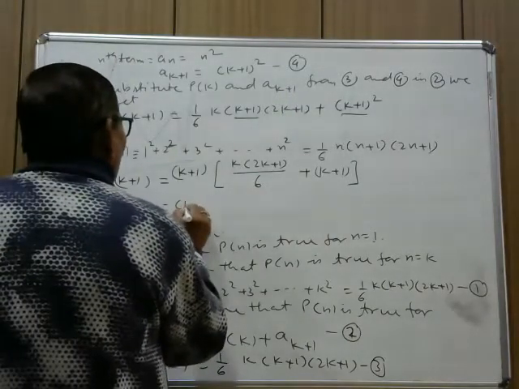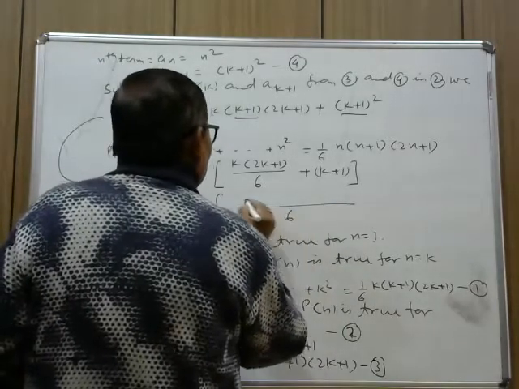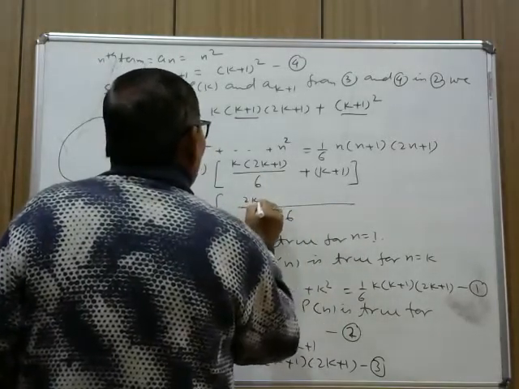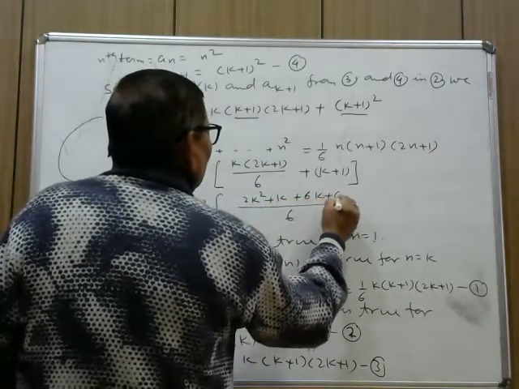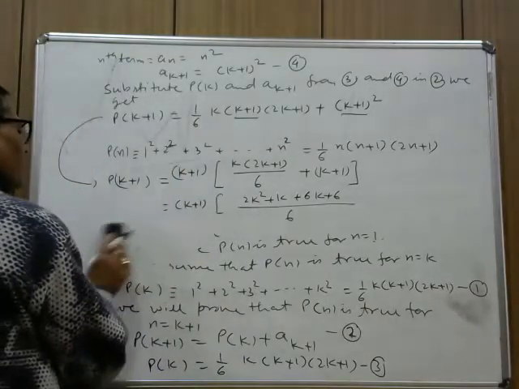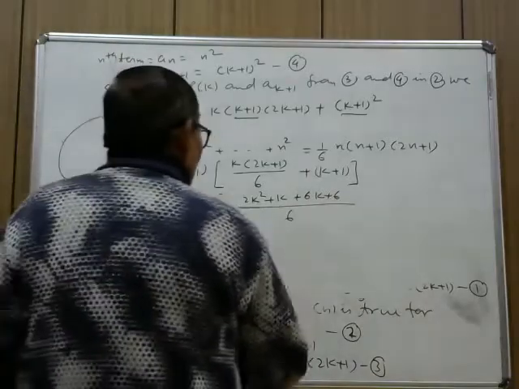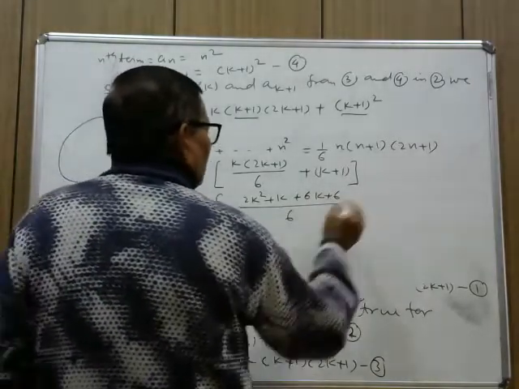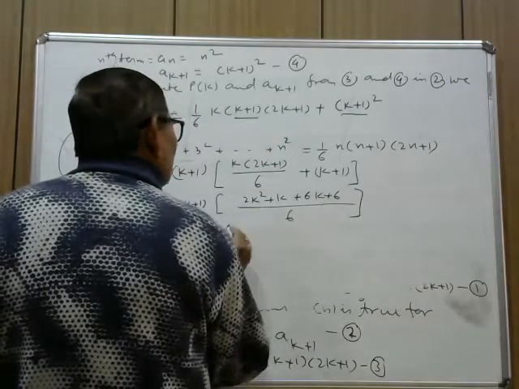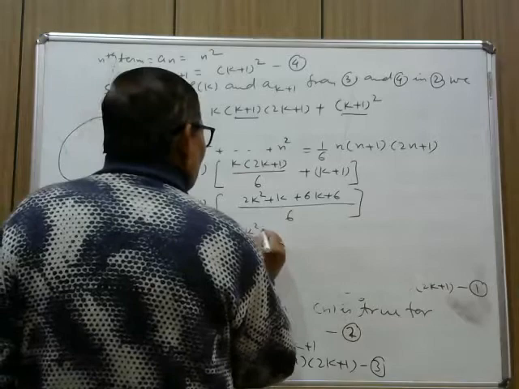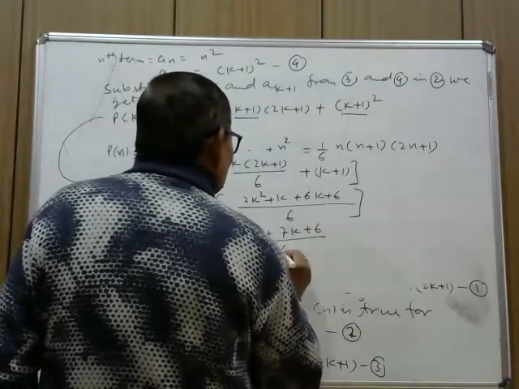When you find the LCM, your LCM is 6. Here 2k square plus k plus 6k plus 6. Very easy simplification. Now you can write this is equal to (k plus 1)(2k square plus 7k plus 6) by 6.